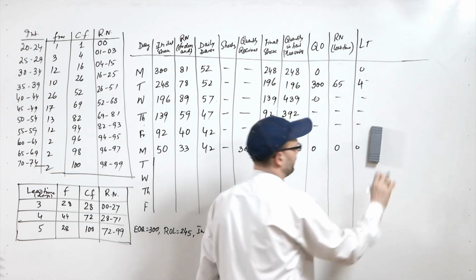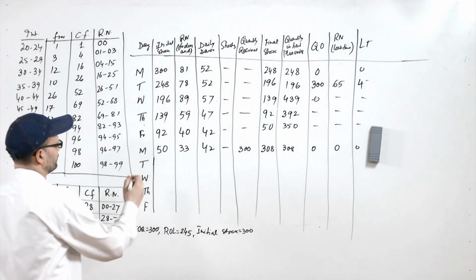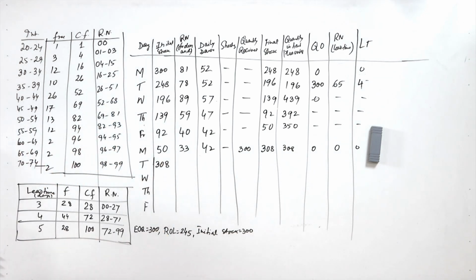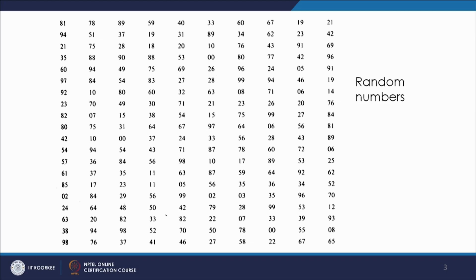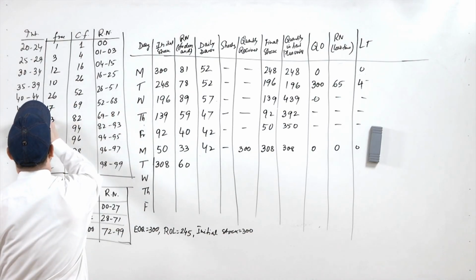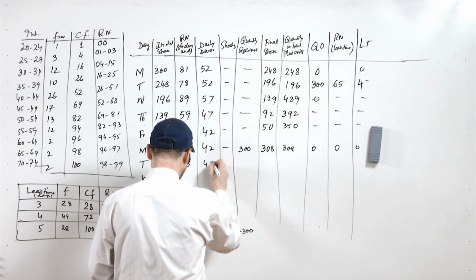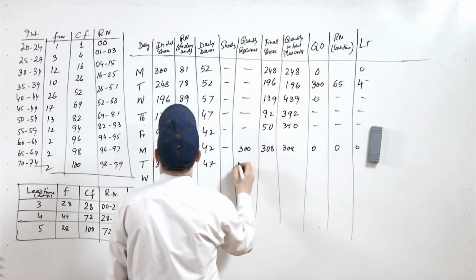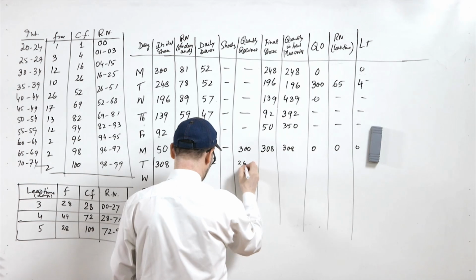So, it is going like this. Now, again you start from 308, and the next number after 33 is 60. So, again 60 will be there, and for that you will have 47, so 308 minus 47 will be 261.